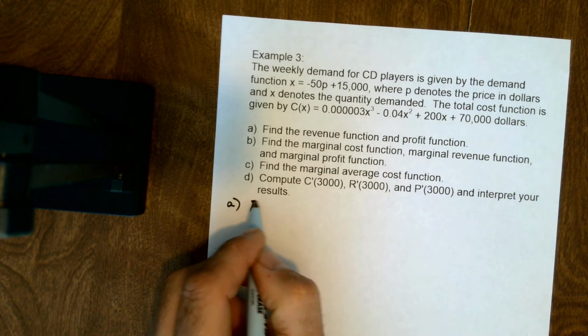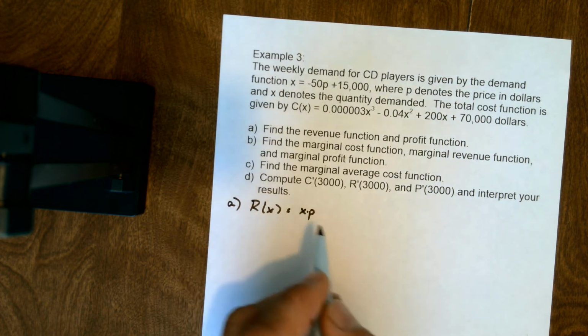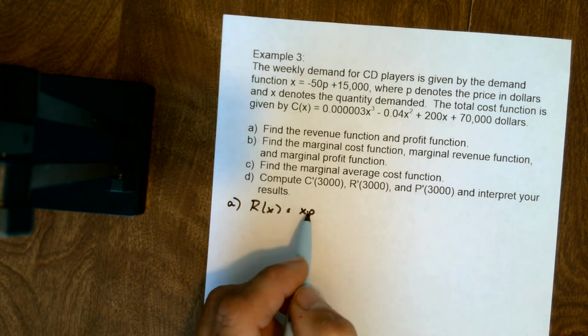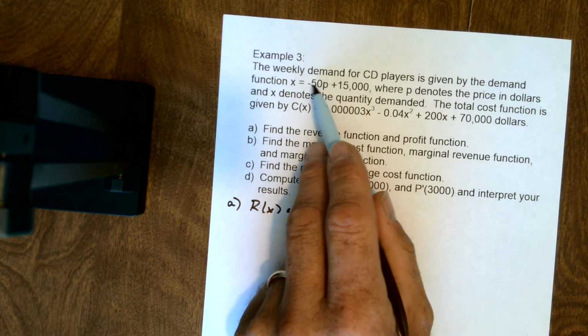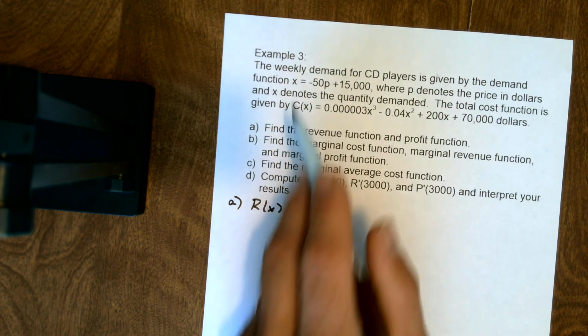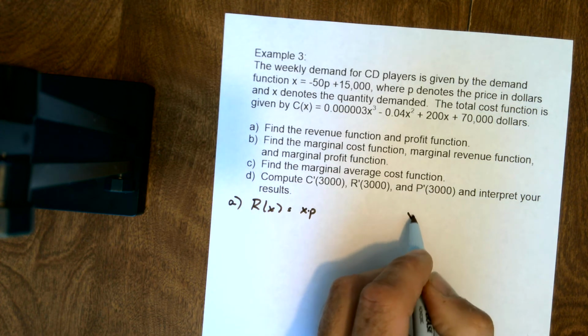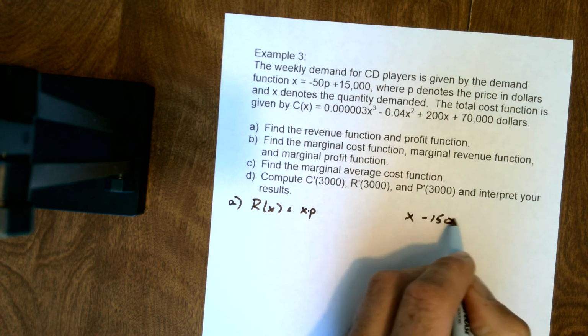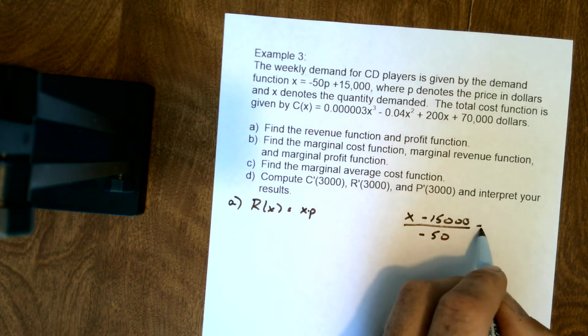Well, revenue, again, is x times p, or the number of units times the price. So we have to get the price from the demand function. In this case, our demand function is in units, or is equal to our units. So what we're going to do is solve for p. If I solve for p, I'm going to subtract my 15,000 there, and divide by negative 50.